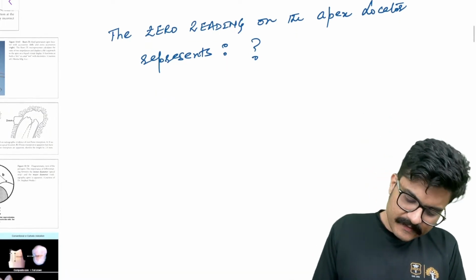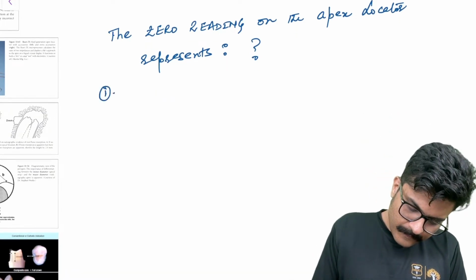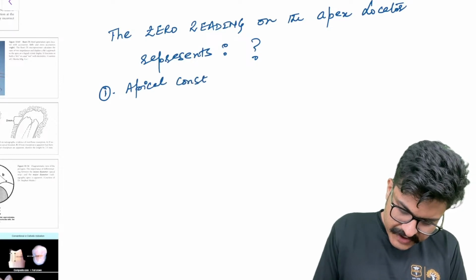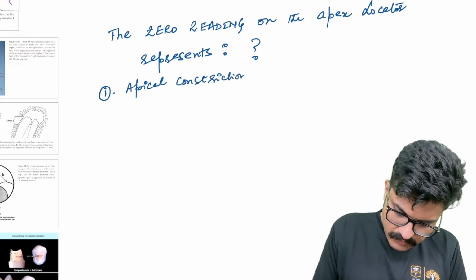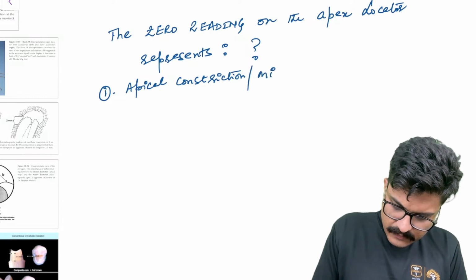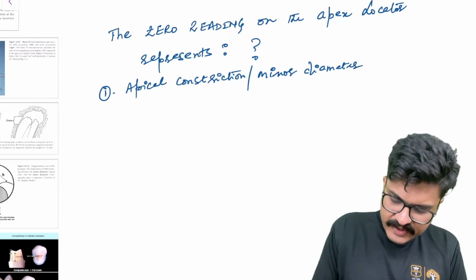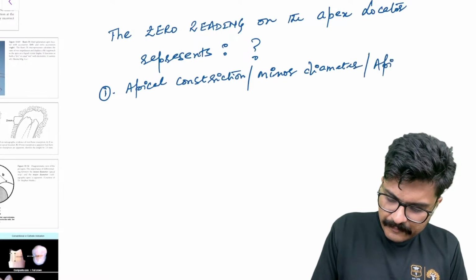Does it represent the apical constriction, which is nothing but the minor diameter, which is nothing but the apical stop?